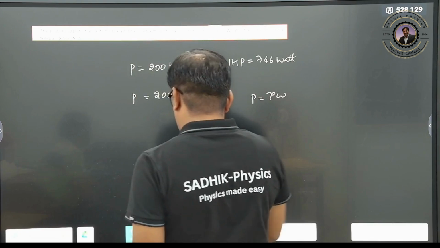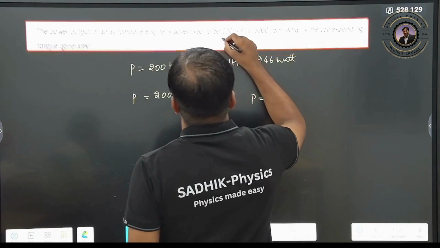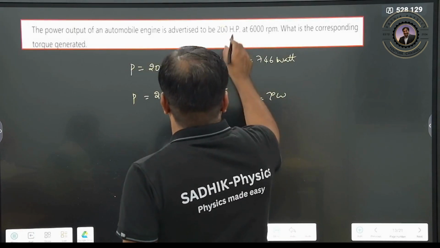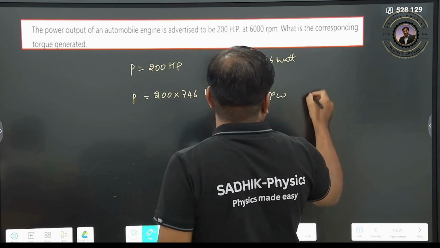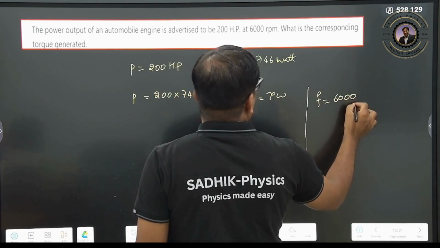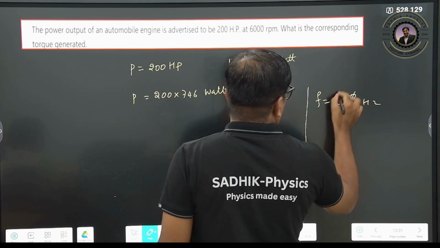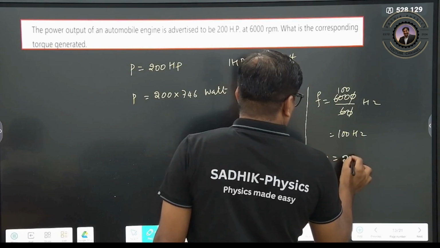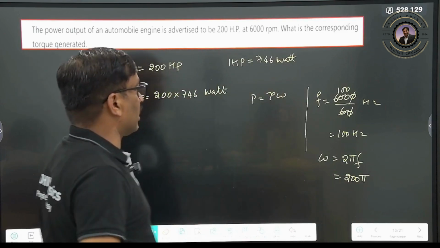So frequency is 600 rpm divided by 60, which is 10 hertz. Omega is how much now? 2 pi into f. So you can substitute it.